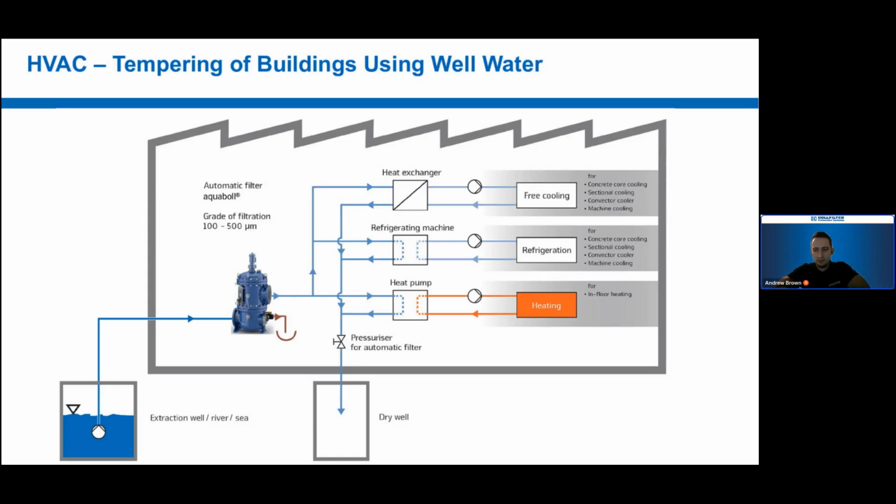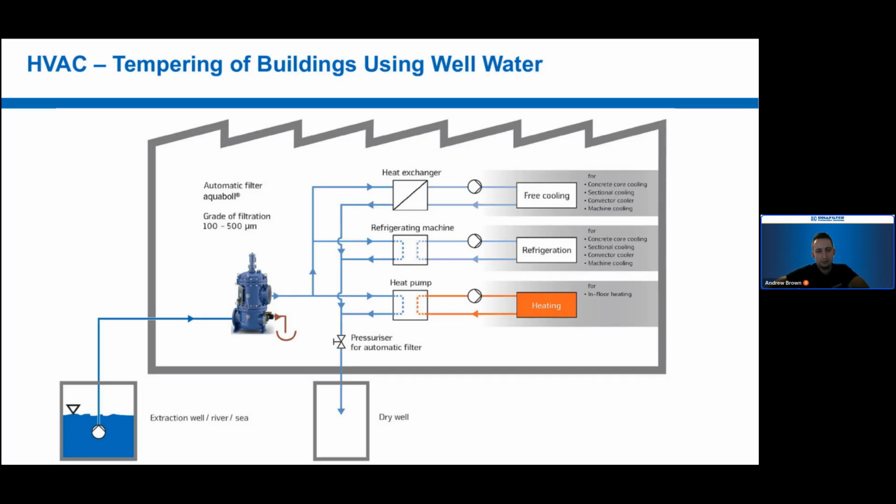This is a bit of an overview of how the filter fits into the system. So, like I just said, where you are extracting the medium from, it could be river, could be sea, could be reservoir, but fundamentally the filter is just there to protect the downstream equipment.